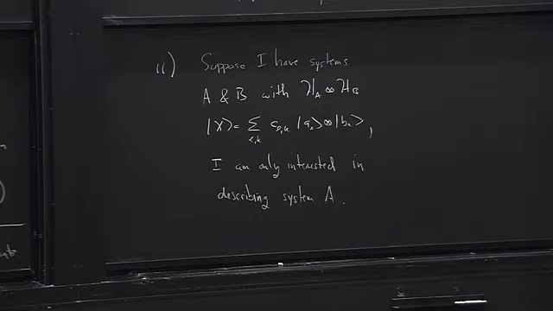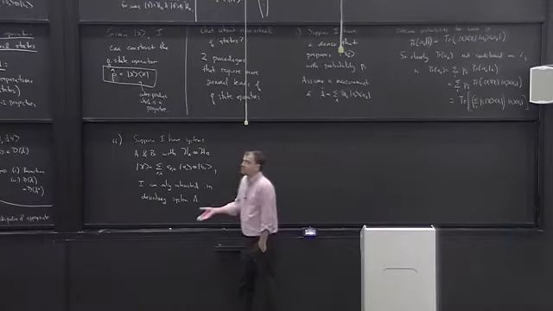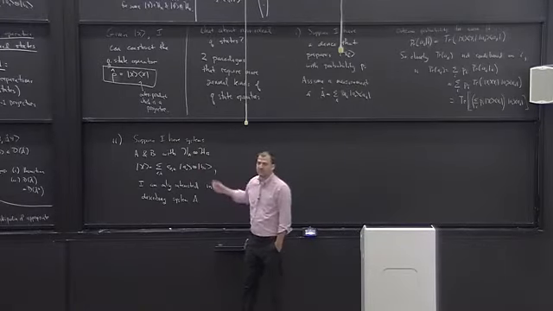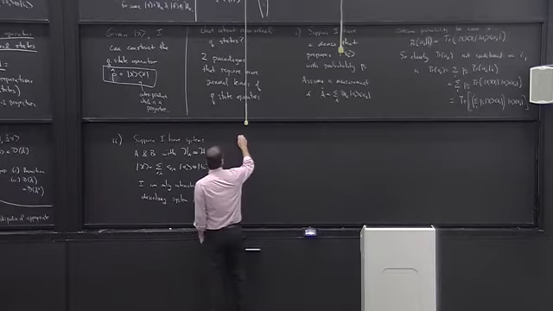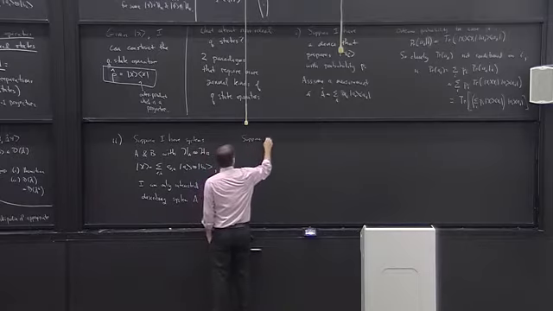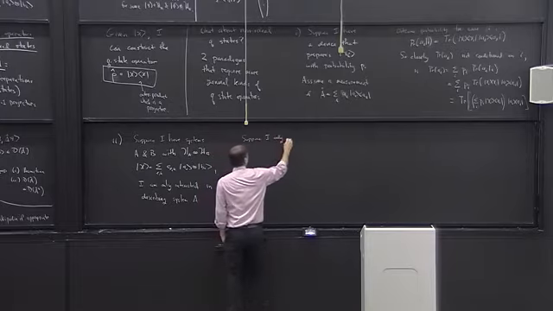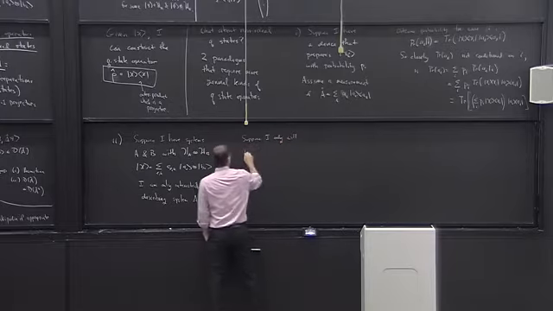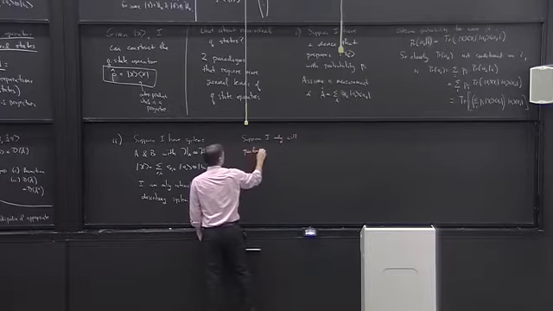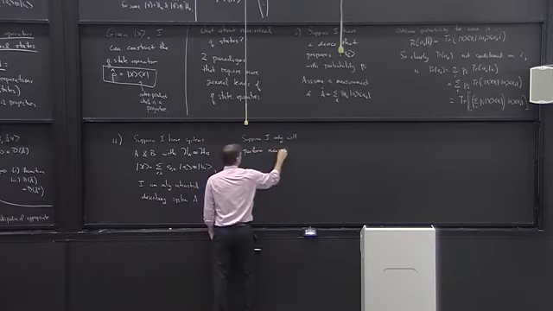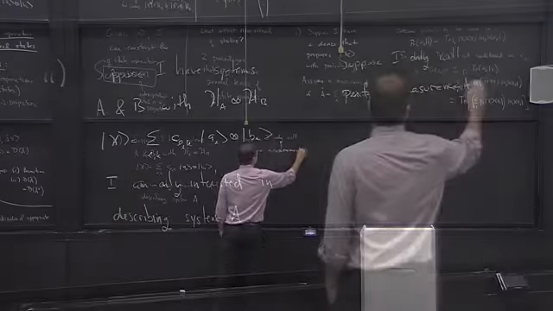What it means, say, is that I'm only going to do measurements on system A, so I don't care about system B anymore. So suppose I only will perform measurements on system A.